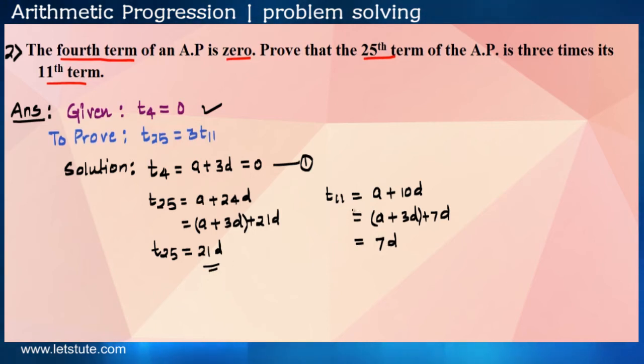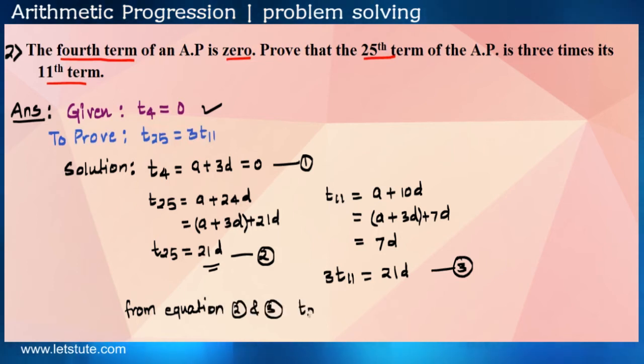Now if we multiply T11 by 3, we'll simply get 21d. 3 into 7 is 21d. So if we write this equation as equation number 2 and this as equation number 3, then we can simply say that from equations 2 and 3, T25 is equal to 3 times T11.